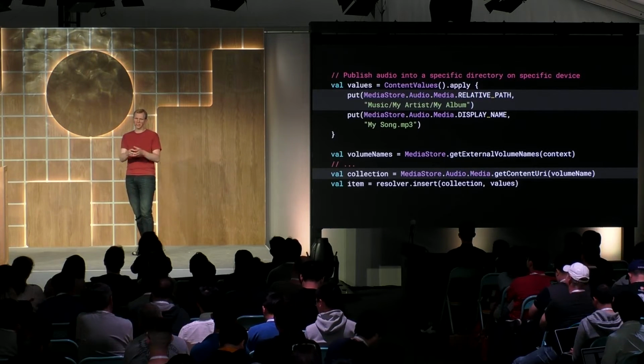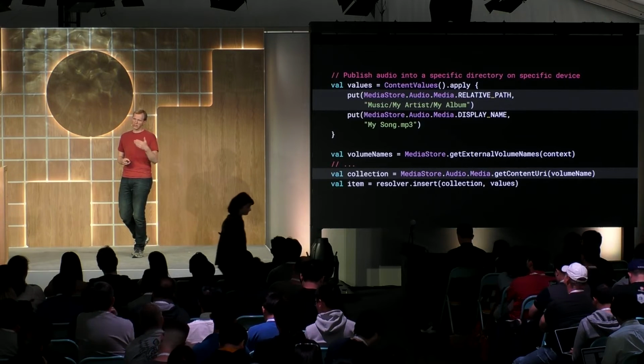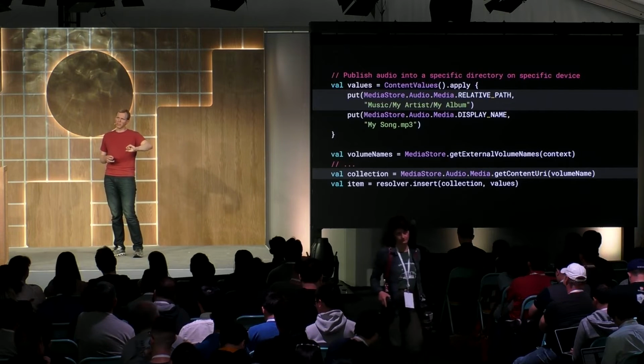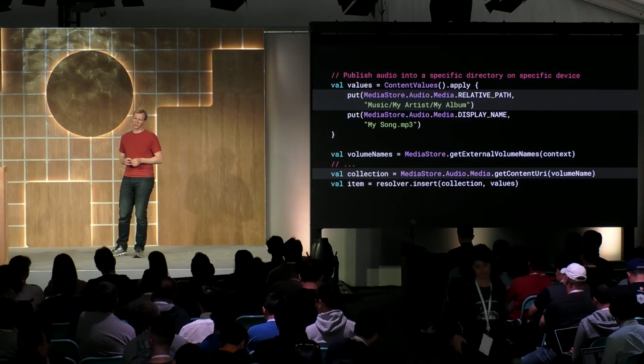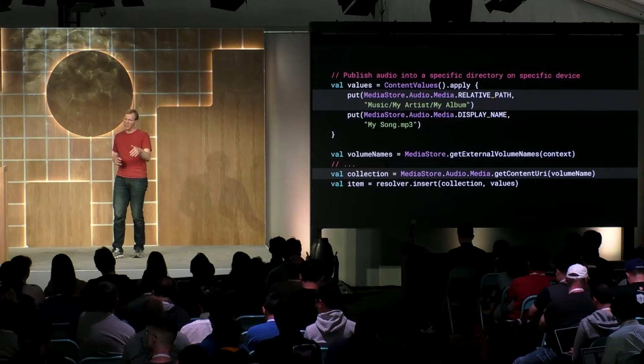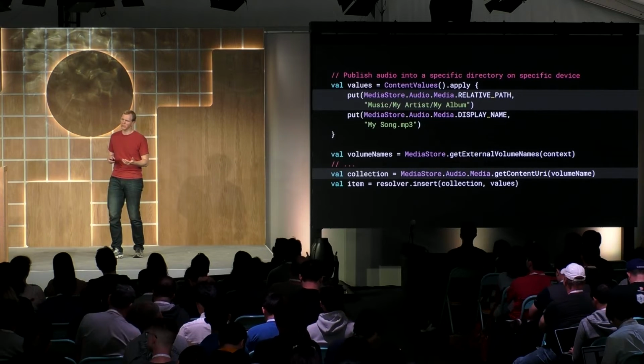All right, so in this example, that relative path, selected music, my artist, my album. Just like we did before, we're going to use insert, but the second half of the slide, this is where we're going to select a specific secondary storage device. We're seeing what volume names are available, and the ellipses there, it's up to you in your application, but you could go and prompt the user to select one of those storage devices that are available.